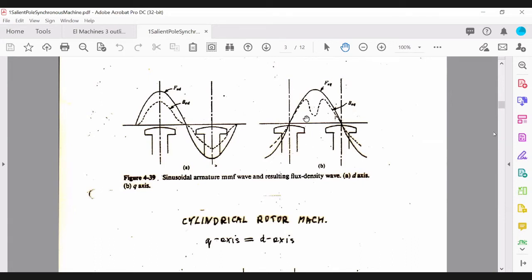As you can see, the frequency of your q-axis flux density is different from that of the d-axis. The d-axis gives you the same frequency as the MMF of the d-axis, and here, as you can see, it's doing two cycles within one cycle of the MMF of the q-axis.